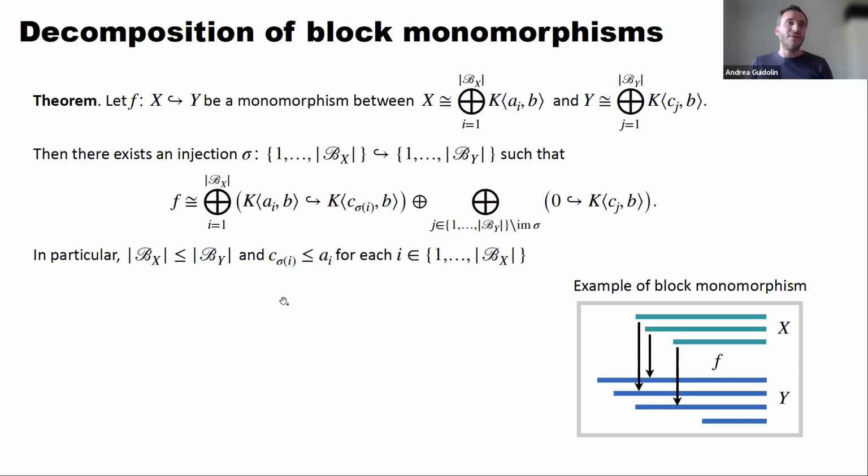And in particular, the cardinality of the barcode of x is smaller or equal to the cardinality of the barcode of y. This is just another way of saying that there is an injection.